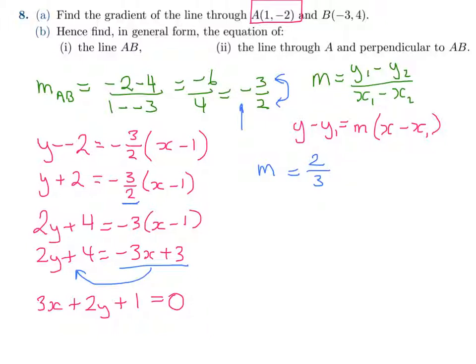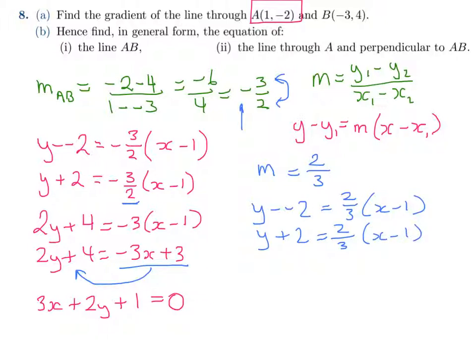Next, we use our point gradient form. And it's through A, so we can use point A again. So we get y minus minus 2 equals 2/3 brackets x minus 1. We clean that up a bit to make y plus 2. We get rid of that fraction by multiplying everything by 3.